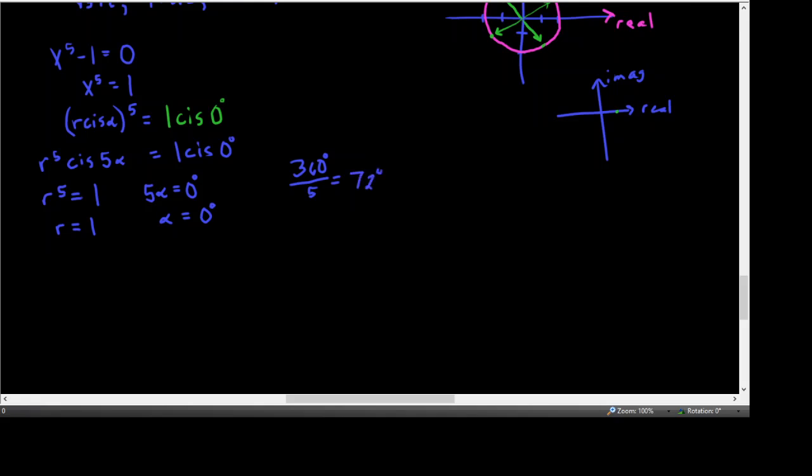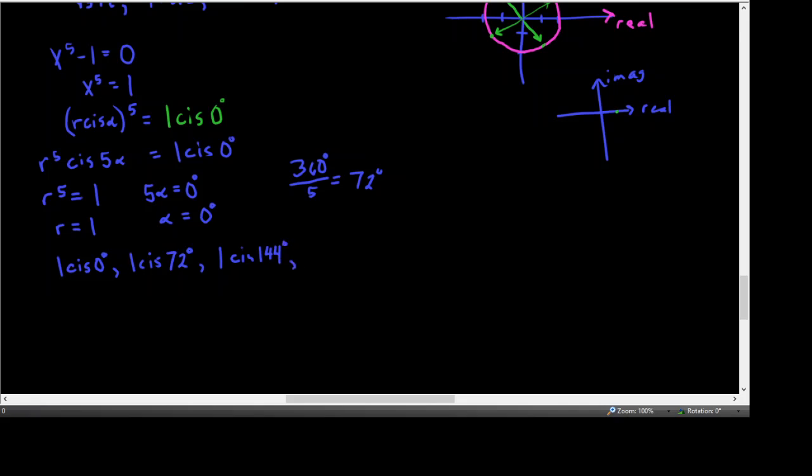Okay, so our answers are 1 cis 0 degrees, then 1 cis 0 plus 72, which is 72 degrees. Then we'll add 72 degrees to that, so that'll be 1 cis 144 degrees.